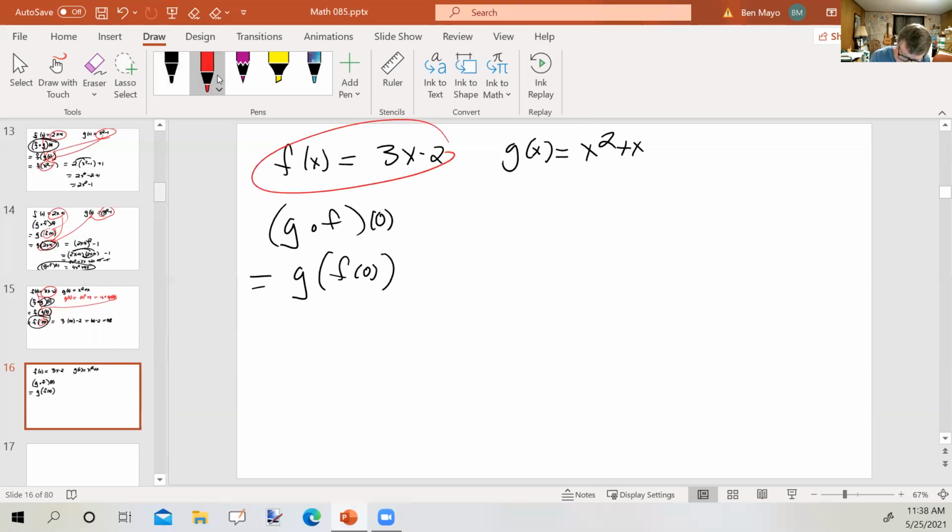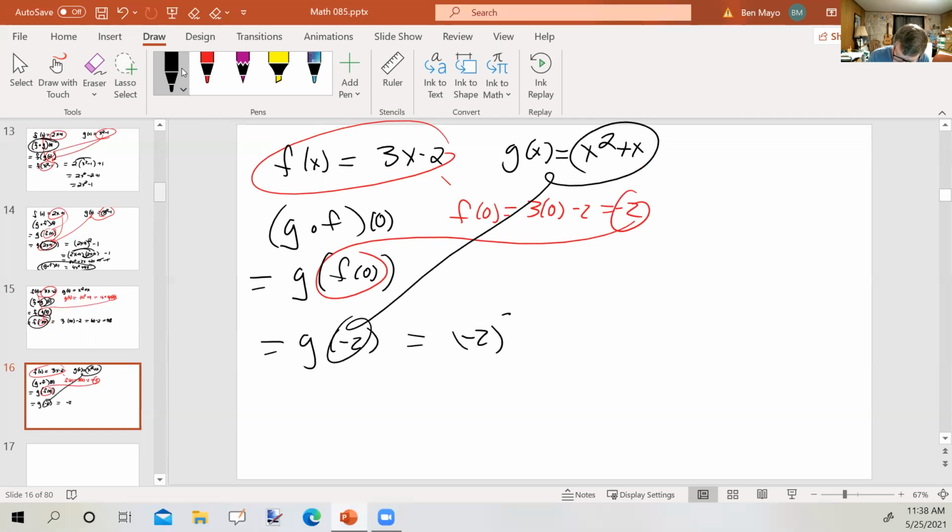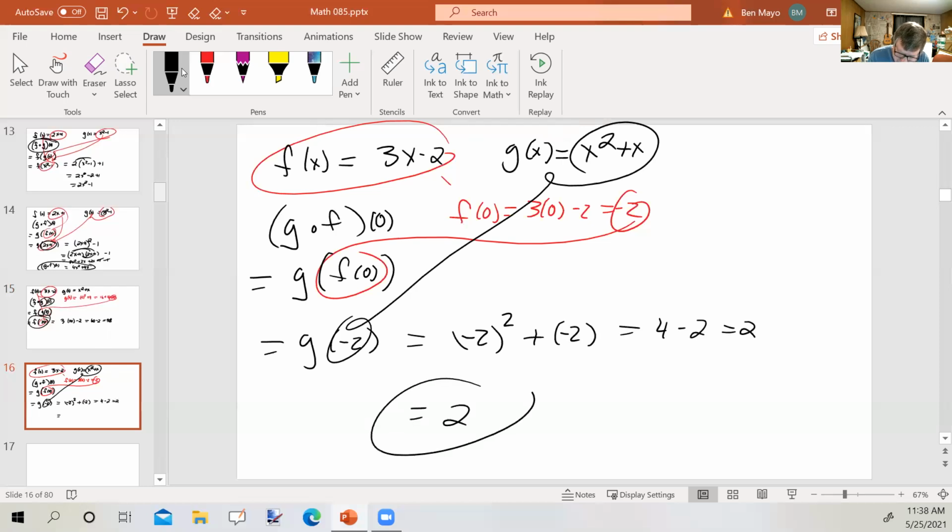Well, f of 0 is 3 times 0 minus 2, which is negative 2. So that's going to go in there. Now we've got g of negative 2. That's negative 2, the quantity squared, plus negative 2, which is 4 minus 2, which is 2. So again, you're evaluating from the inside out.